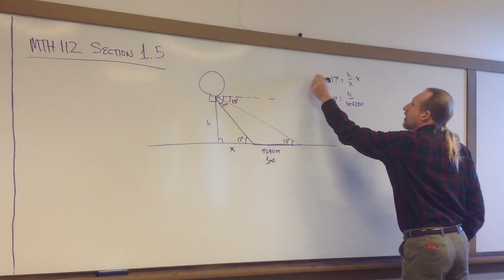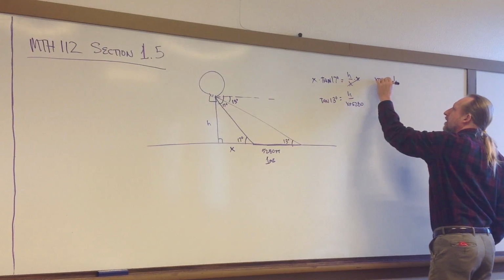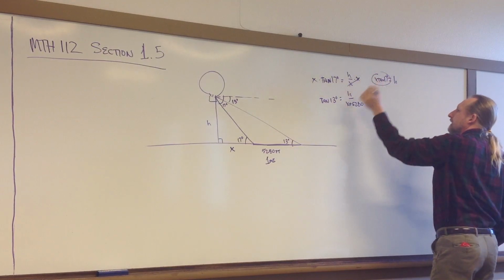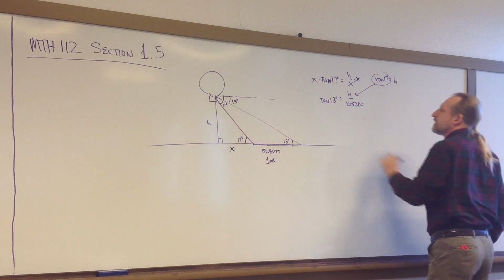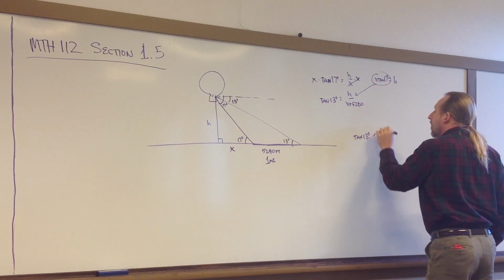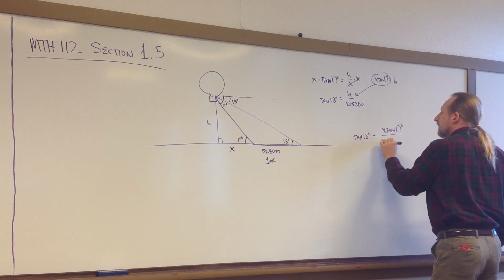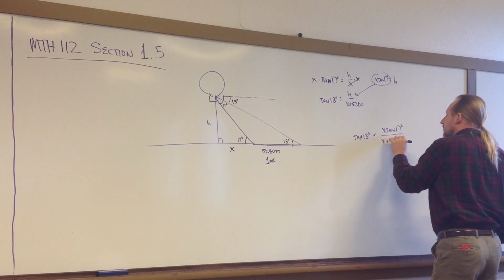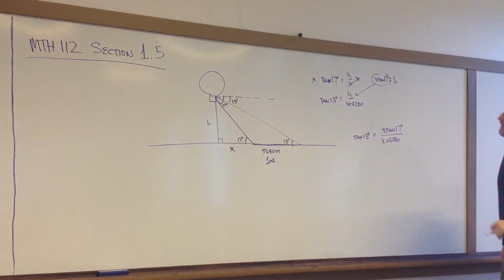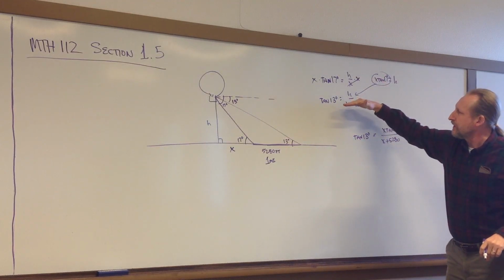All right, so let's get the h by itself up here, and then take that x tan of 17 degrees and plug it in there. X plus 5,280, okay? And so that's the first step, first step is to write those 2 equations.